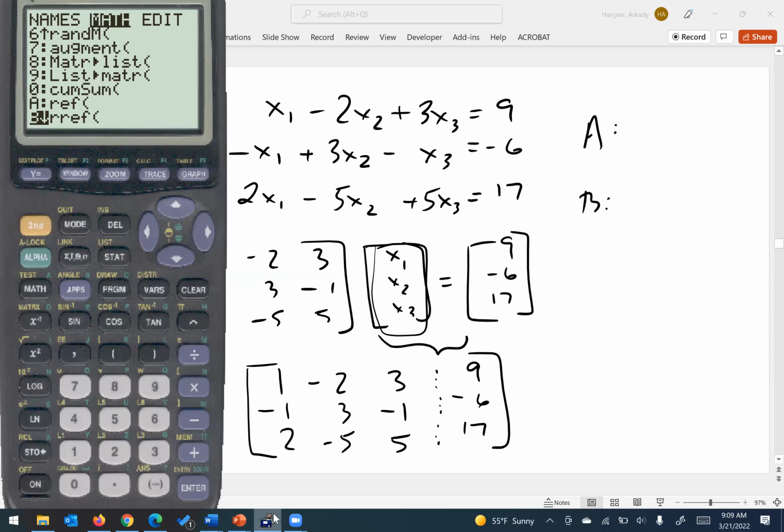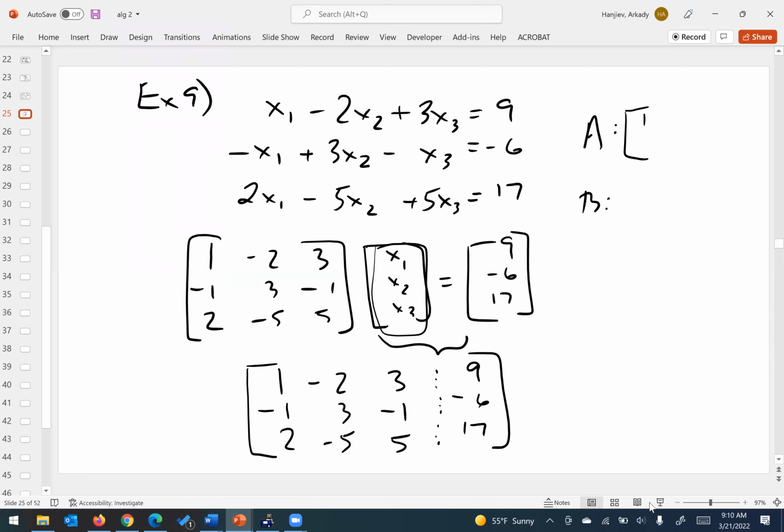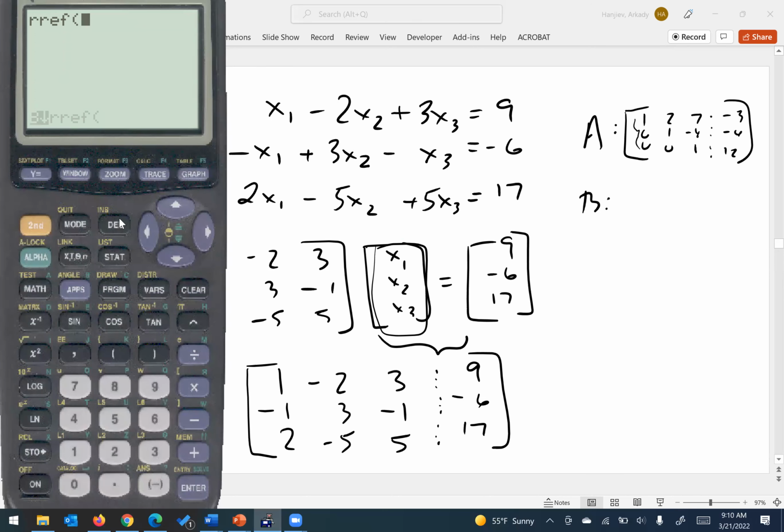Remember in 8.1 we talked about this. REF will leave you with 1 with zeros on the bottom of the 1, but you'll still have other stuff to do. What RREF leaves you is zeros everywhere except for the diagonals of the 1.